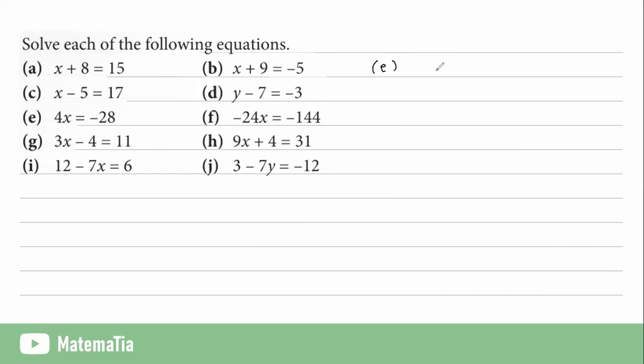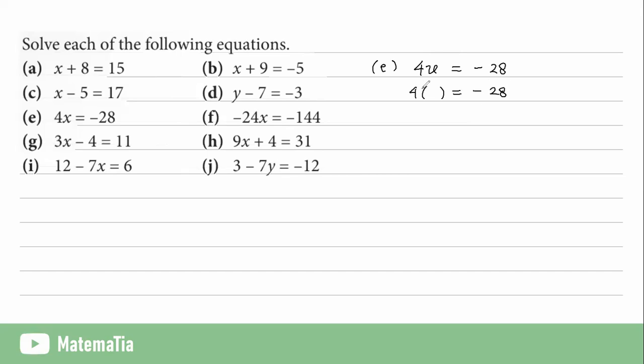Okay, now I'm going to show you how to find the solution of question E. We have 4x is equal to negative 28. So we may think, 4 times what number is equal to negative 28?